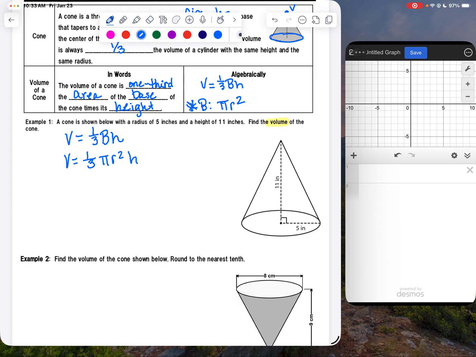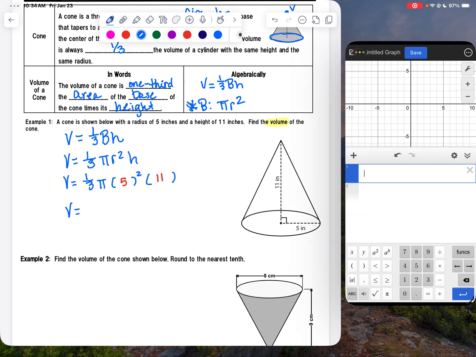So now we're going to substitute in the two things we know, which is the radius and the height. So volume equals 1/3 pi, parentheses squared, and I will plug in 5 for the radius and 11 for the height. Now, you can use your calculator here. I'm going to be using my Desmos calculator to calculate this.